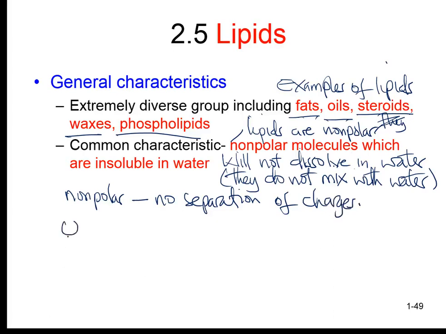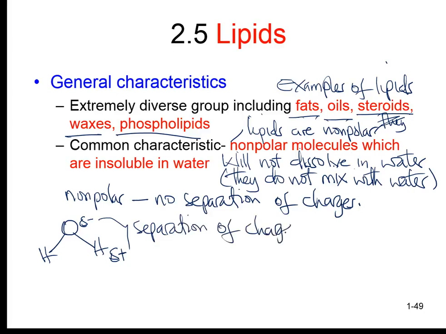Let's take water. Water is written as OHH. This part is partial positive, this part is partial negative. So there is separation of charges here. Because of that, water is polar.